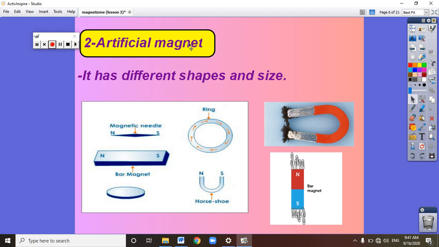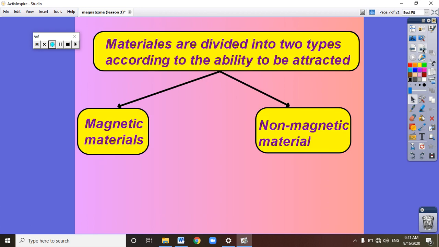So the artificial magnet has many types: needle magnet, bar magnet, ring magnet, horseshoe magnet or U-shaped magnet. And this is what? Very good. U-shaped magnet or horseshoe magnet. And this one is bar magnet. Very good.